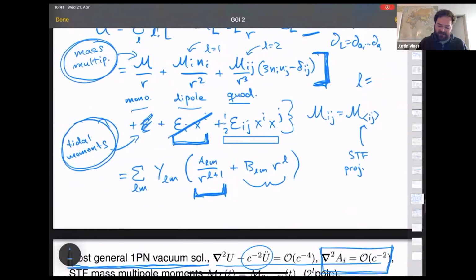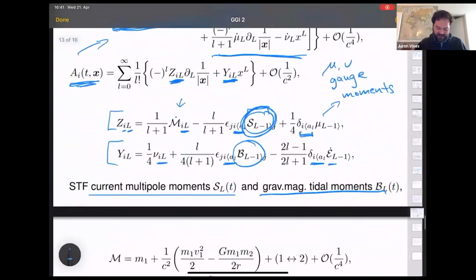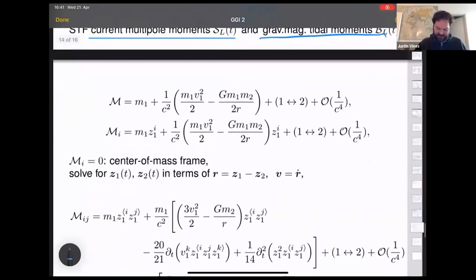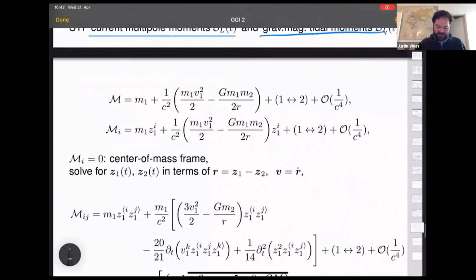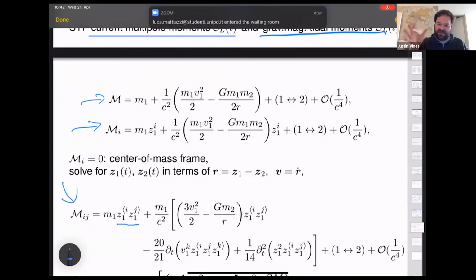We will only have these terms that die off at infinity. And they will be uniquely determined by our world line. So the next thing I was going to go through is, what are expressions for these mass multipoles in terms of our world lines and their masses. Those are completely fixed by the solutions to the field equations we had before.